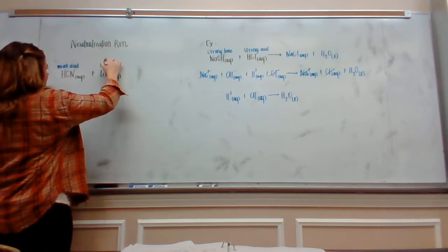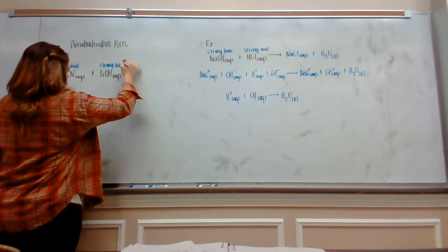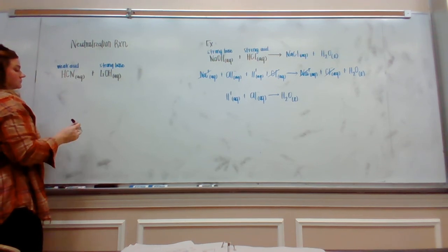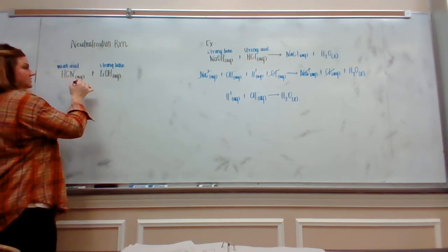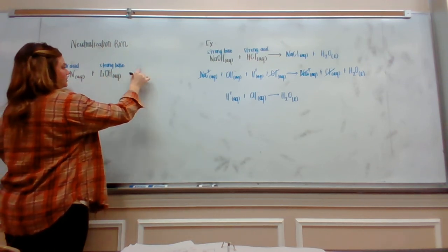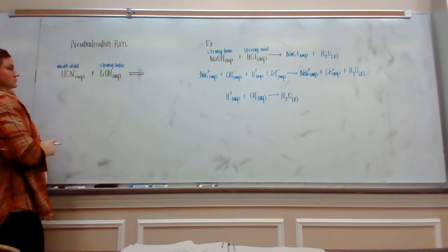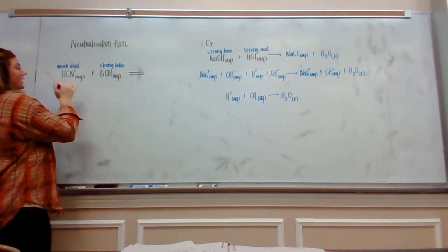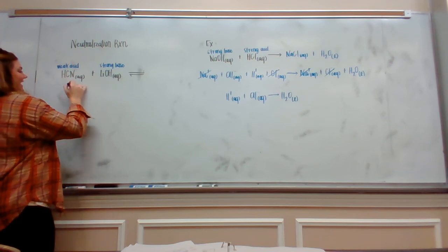So it's a weak acid with a strong base. Because I have a weak species, instead of using the one arrow, I have to use the double arrow. Okay, now proceed as normal for now.